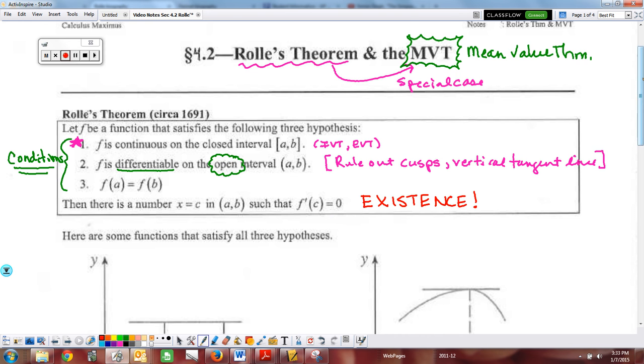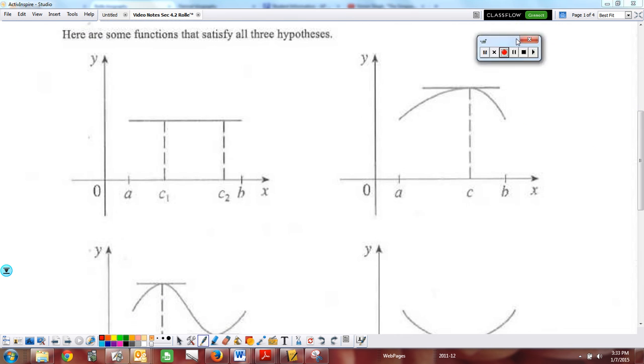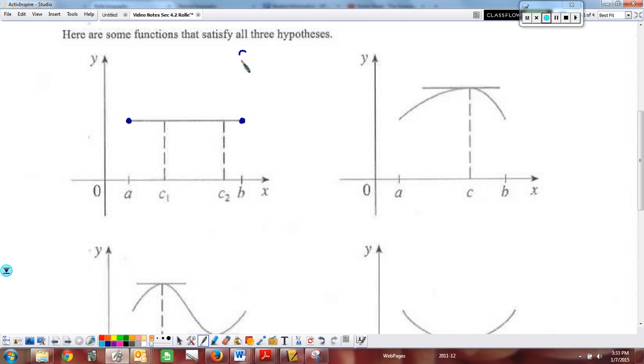Now, I think the easiest way to explain this is to take a look at just some examples of some functions that meet the criteria. All right, so here I have a function, f of x, and we're specifically going to be looking on the interval a to b. And clearly, it's just a constant function. So the criteria: is f of x continuous for a to b?